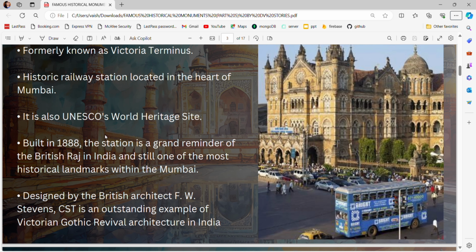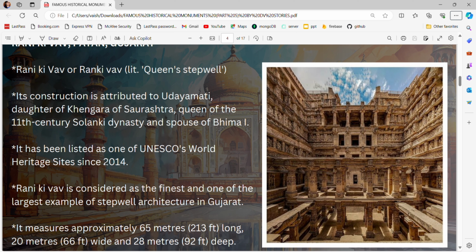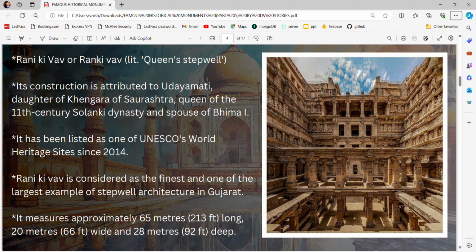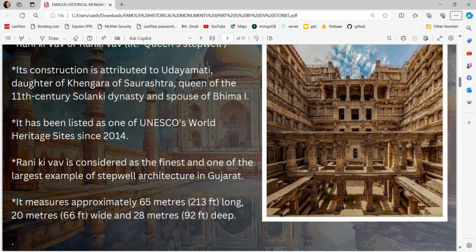And next, Rani Ki Vav, located in Gujarat. Rani Ki Vav, which means Queen's Stepwell, has its construction attributed to Udayamati, daughter of Khengar of Saurashtra, queen of the 11th century Solanki dynasty and spouse of Bhima I. It has been listed as a UNESCO World Heritage Site since 2014.